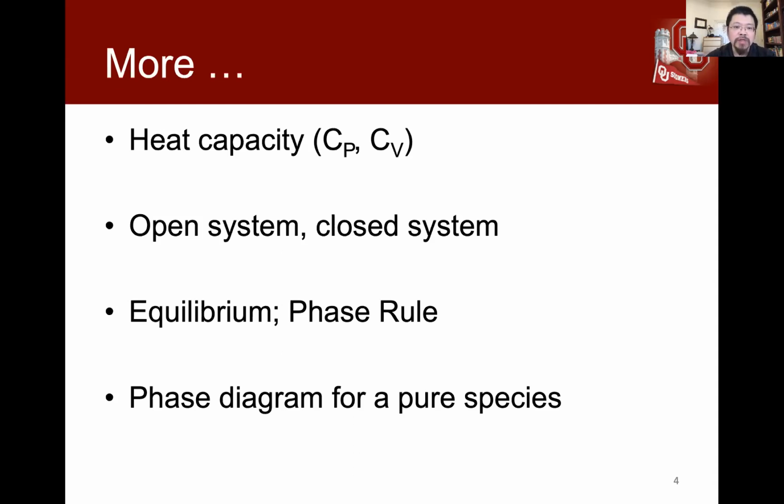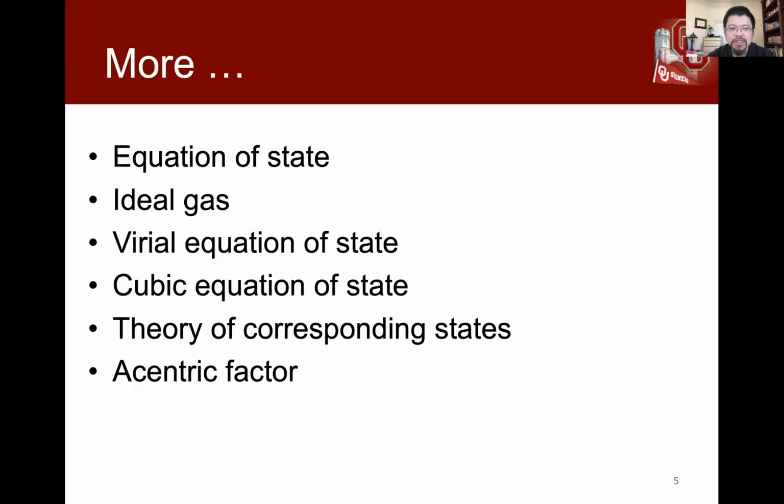So we have the so-called temperature-entropy diagram, the log pressure versus enthalpy diagram, or other diagrams you can prepare and manipulate. Those diagrams are very useful when it comes to real life application.